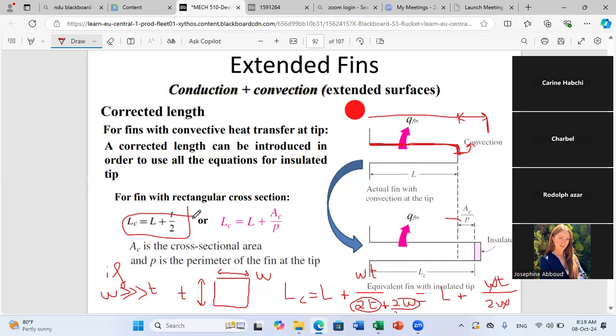In this way I can use the developed solution for the case of a fin with the insulated tip, but I should pay attention to replace the actual length of the fin by a corrected length. Any question on this?